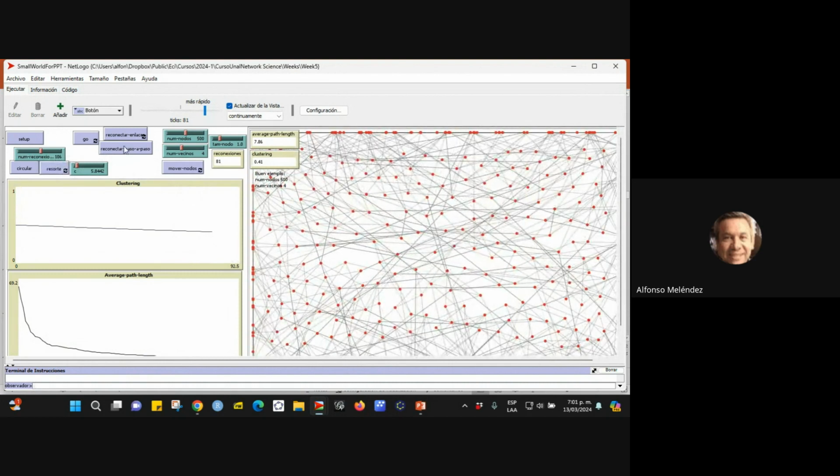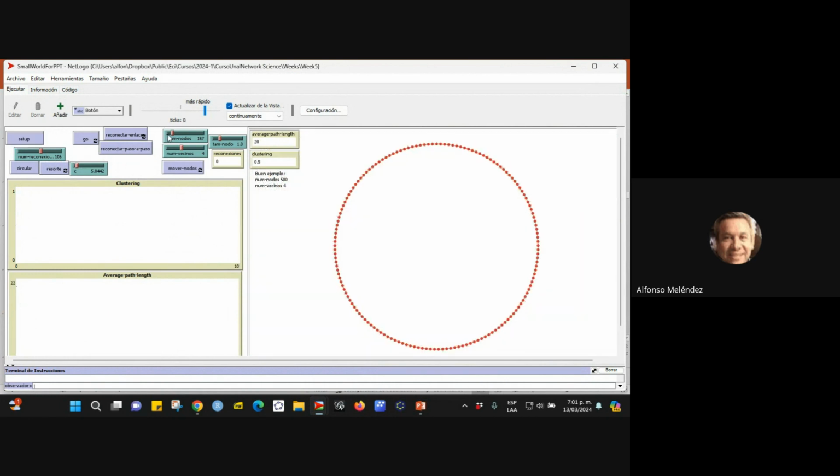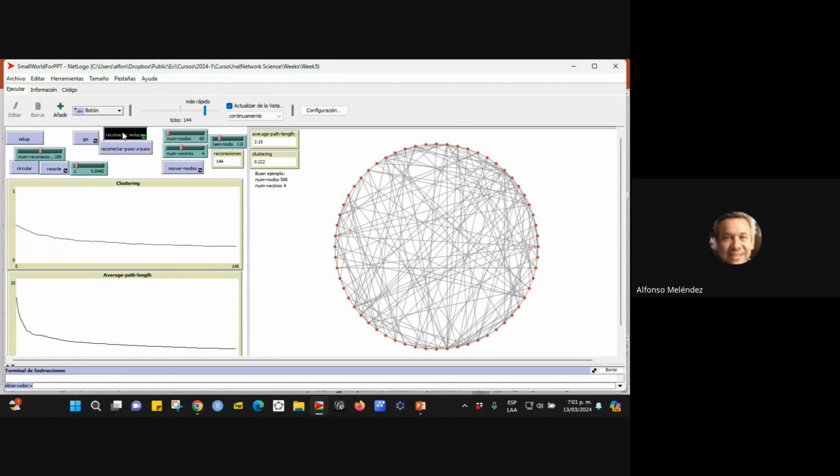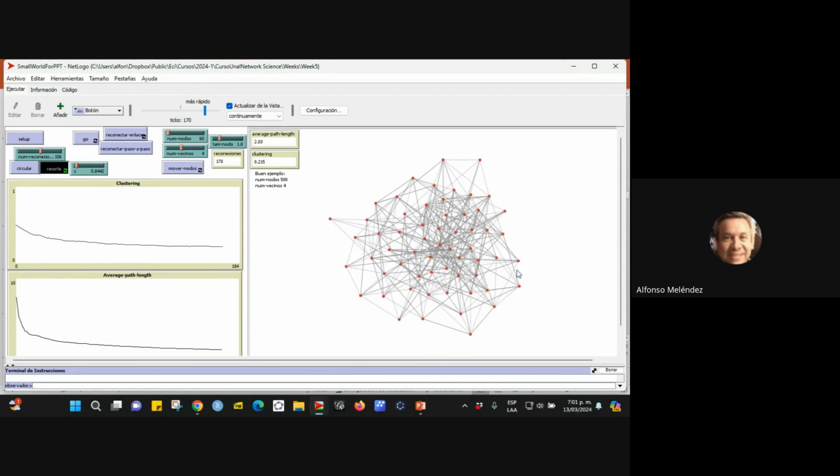It's too big, but let me reduce it a little bit. Fewer number of nodes, setup. Okay. Look, when you put a lot of edges, what you're going to have here in the final product is a random network.